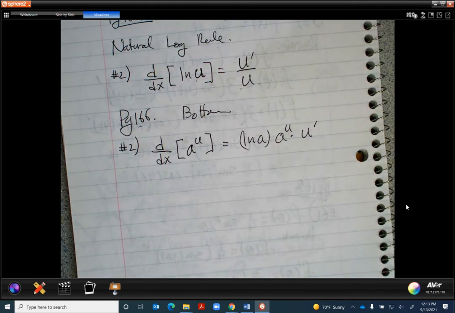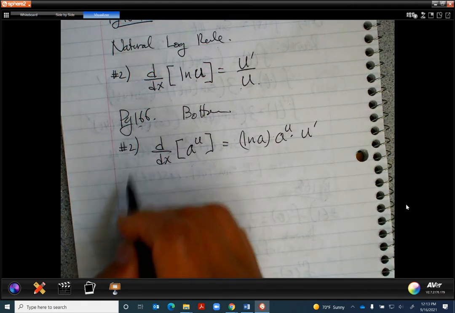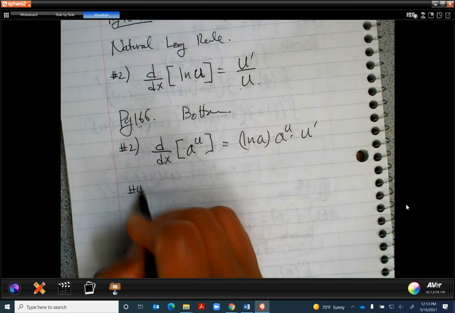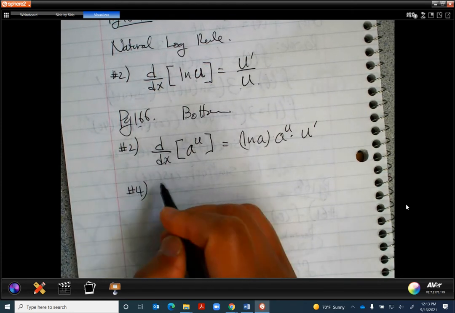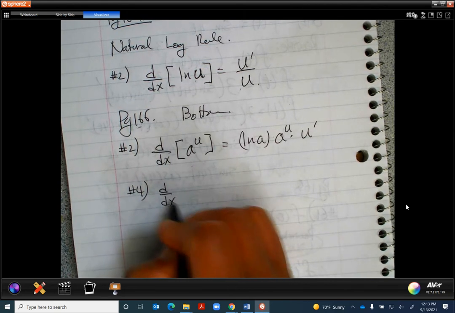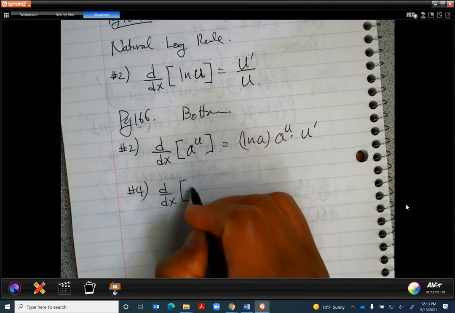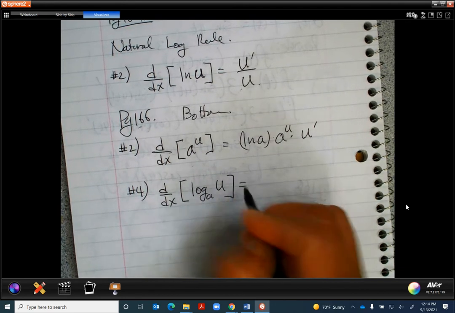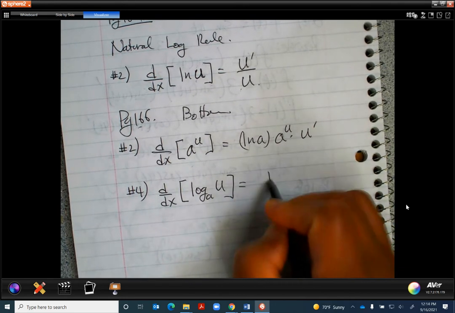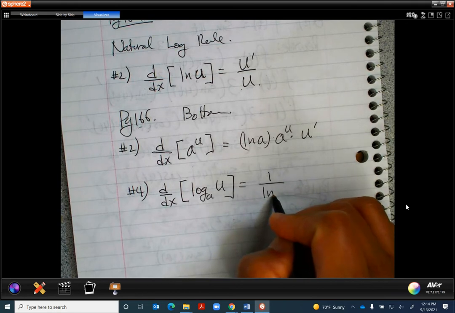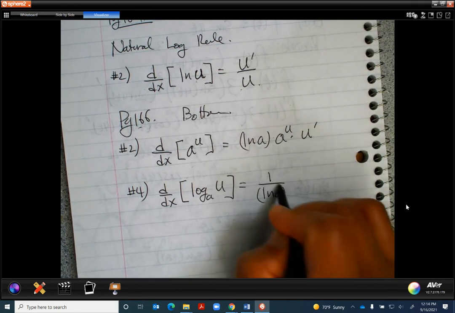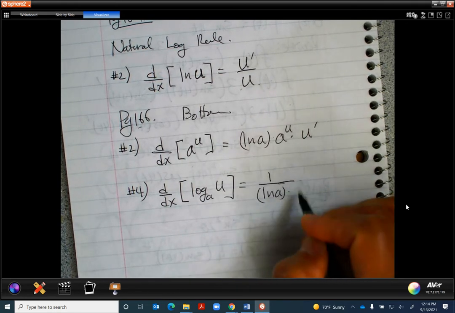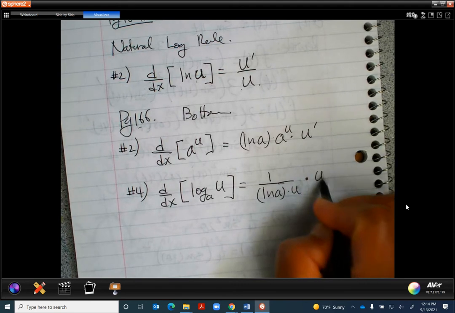And the last rule for today, number 4, right underneath that, this is any log base rule. This is d over dx log any base a u is equal to 1 over ln a times u prime.